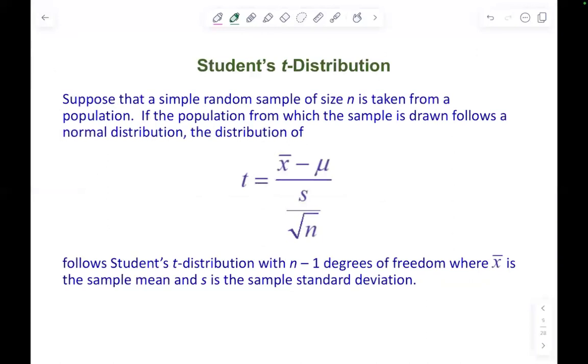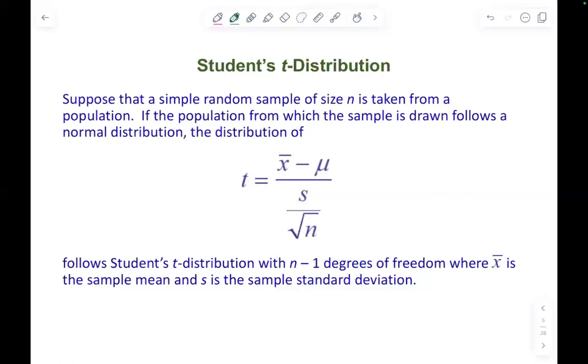So we use a t-distribution. We use it mostly when we have smaller sample sizes. A t-distribution is kind of like a z-score, yet it is a little bit different because we use n-1 degrees of freedom. Don't worry yet what that means.